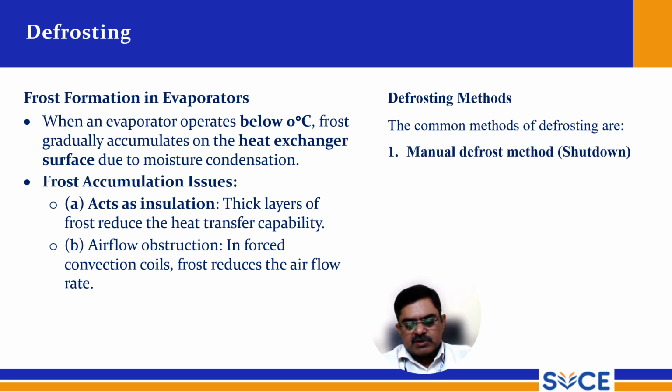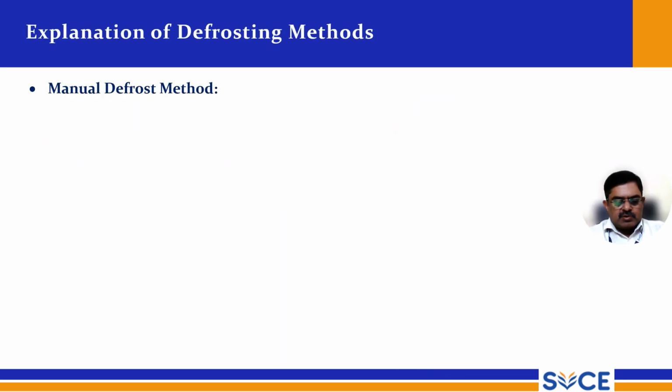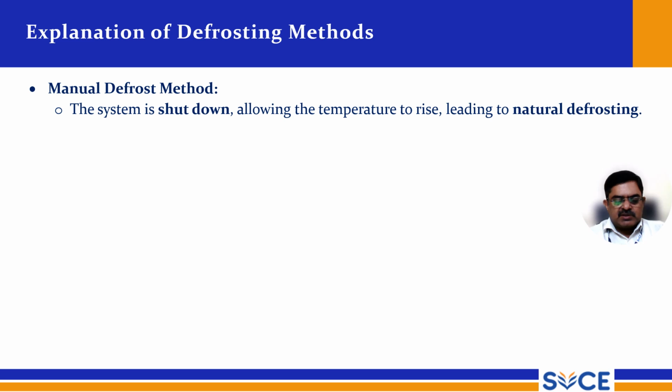Defrosting methods include manual defrost or shutdown method, time shutdown defrost method, electric defrosting, water defrosting, and hot gas bypass defrost system. In the manual defrost method, we switch off the refrigerator and keep it off for a while so that defrost takes place. The system is shut down, allowing the temperature to rise, leading to natural defrosting.